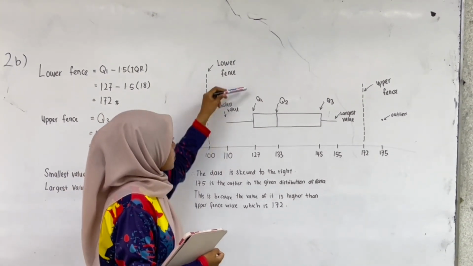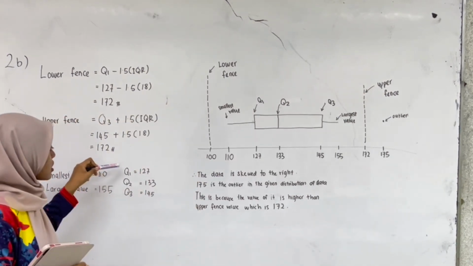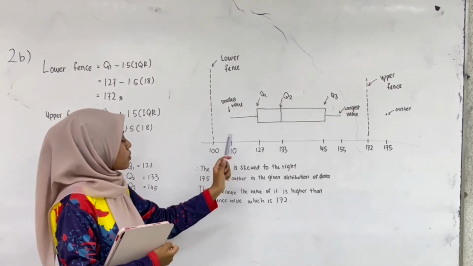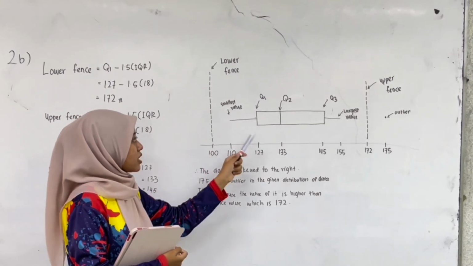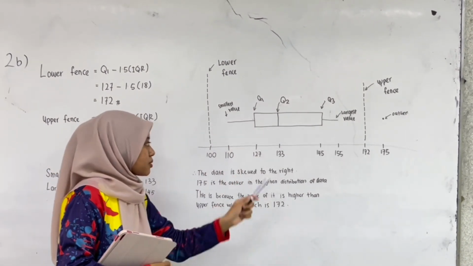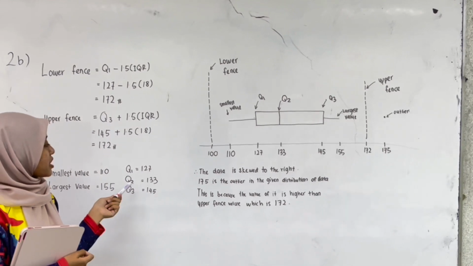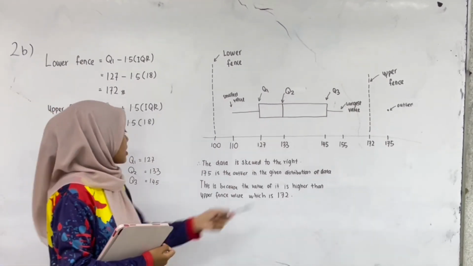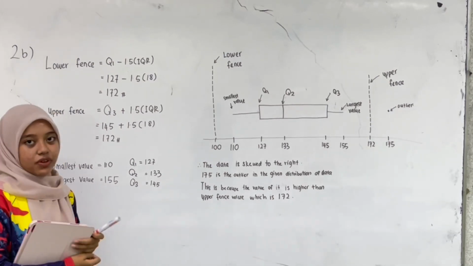Then this is quartile 1 that we got from the previous question, 127. Quartile 2 we got 133. Then the last one, quartile 3, is 145.